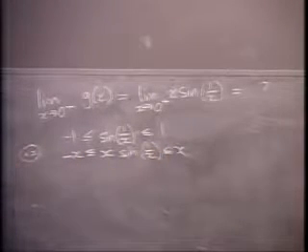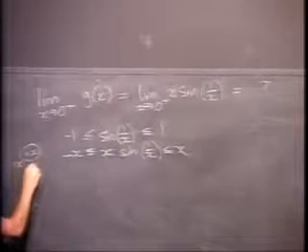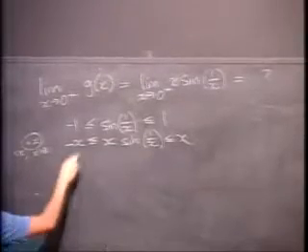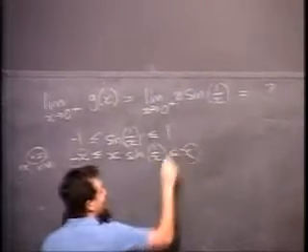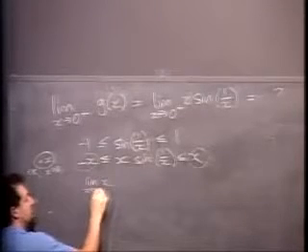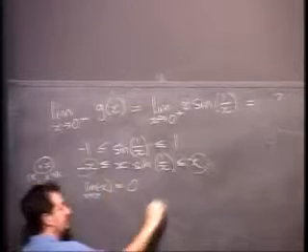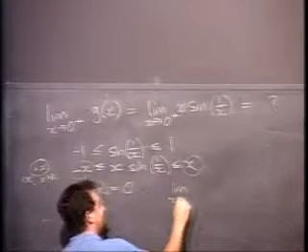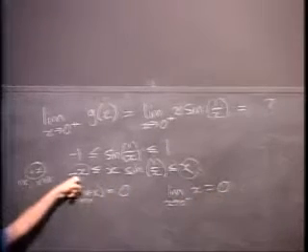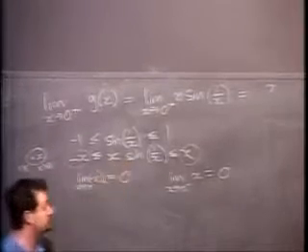Now this is okay because x is actually positive. Anyway, the point is that consider the limit of this and this. So the limit as x goes to 0 plus of minus x, well that's just 0. And the limit as x goes to 0 plus of x equals 0.